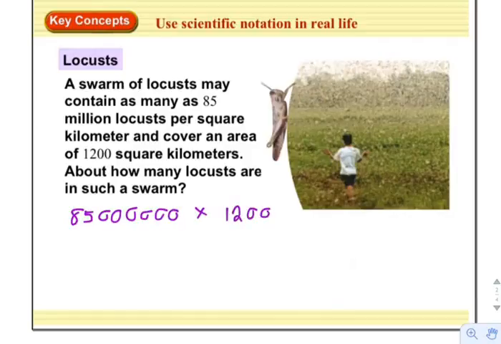Now, we could plug this into the calculator, we could just multiply in our heads, or we could write this in scientific notation, which would be 8.5 times 10 to the 7th power times 1.2 times 10 to the 3rd power.